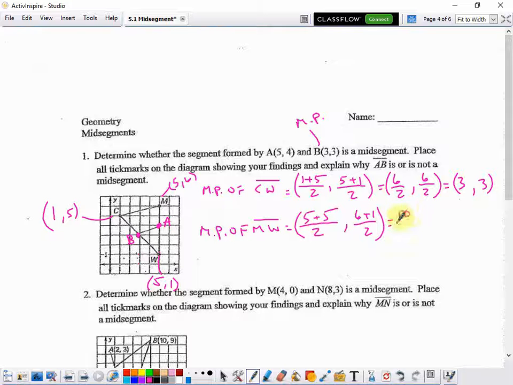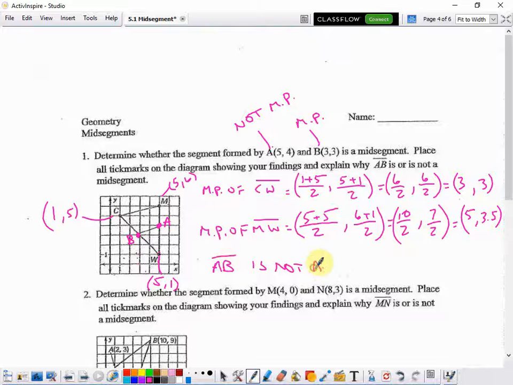So that's 10 over 2 and 7 over 2, which is 5, 3.5. A is at 5, 4. That is not a midpoint. Since they're not both midpoints, I have to say that segment AB is not a midsegment.